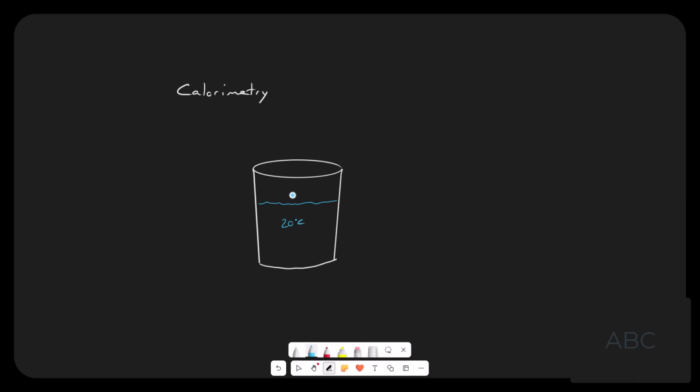I'm going to add into here maybe a little metal cube that I've got, and that metal cube is sitting at 50 degrees Celsius. And then I'm going to put a cap on the whole thing.